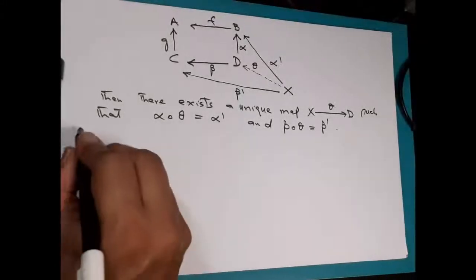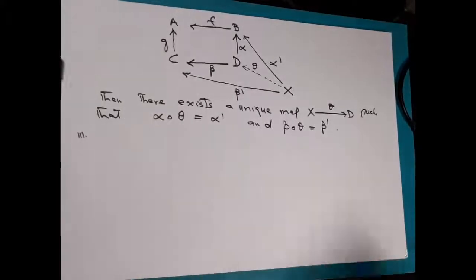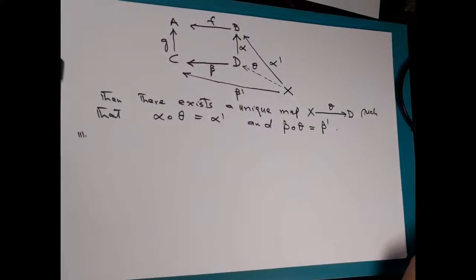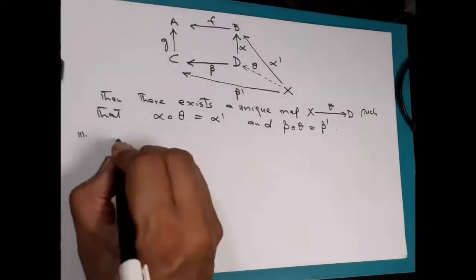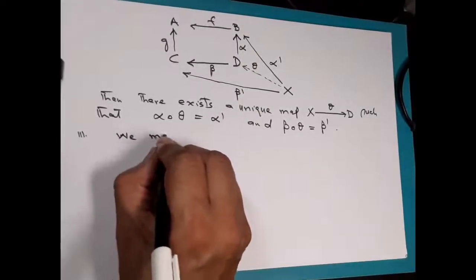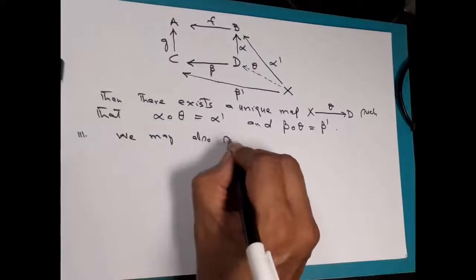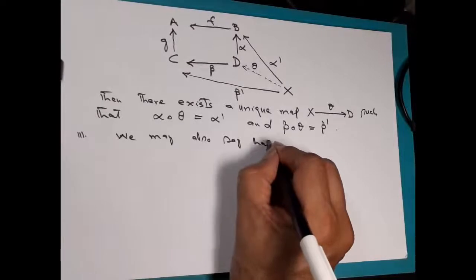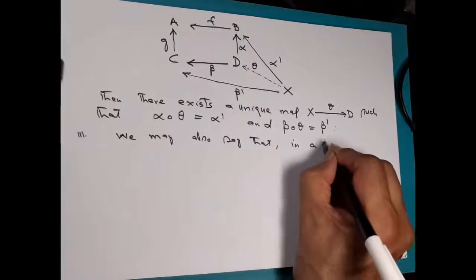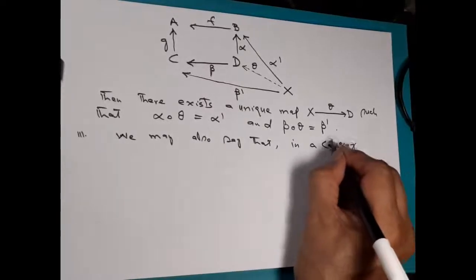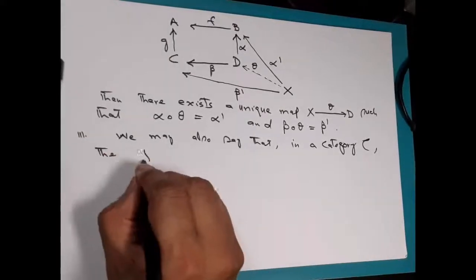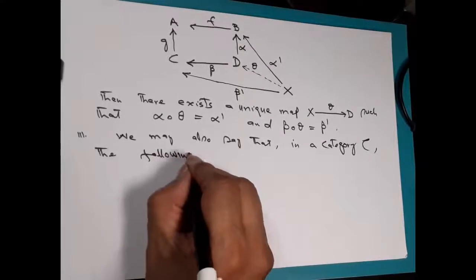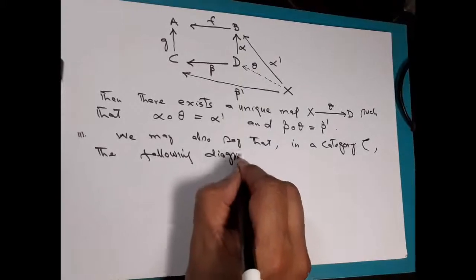Having defined what a pullback is, just note that we may also say that in a category C, the following diagram is a pullback.